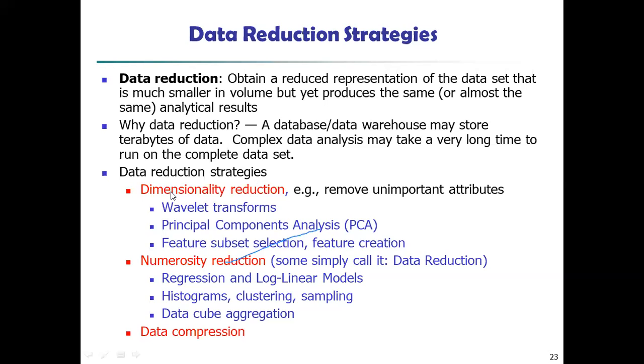The first one is dimensionality reduction. In dimensionality reduction, mainly you remove the unimportant attributes.